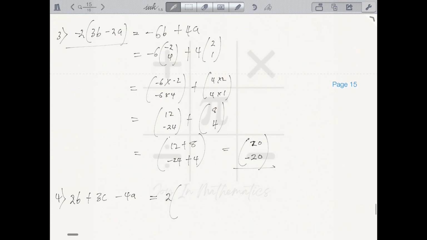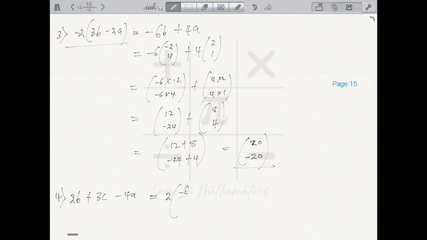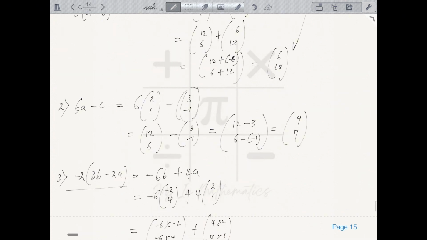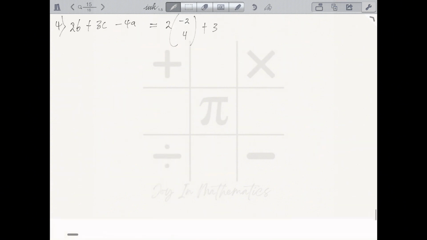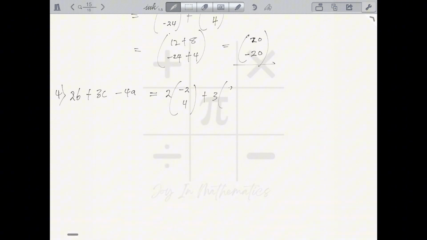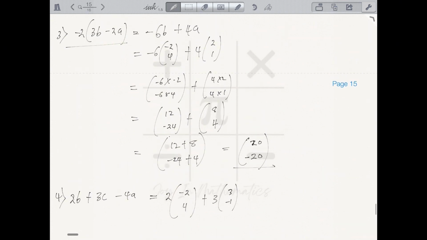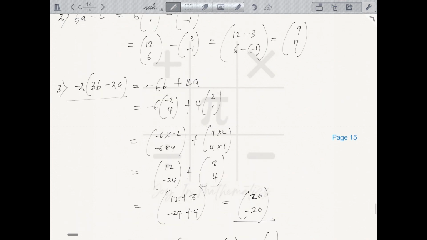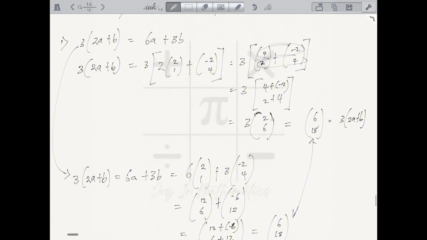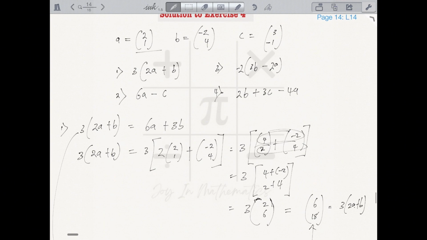Our vector b is (-2, 4), our vector c is (3, -1), and our vector a is (2, 1), as we're saying here, 4 into (2, 1).